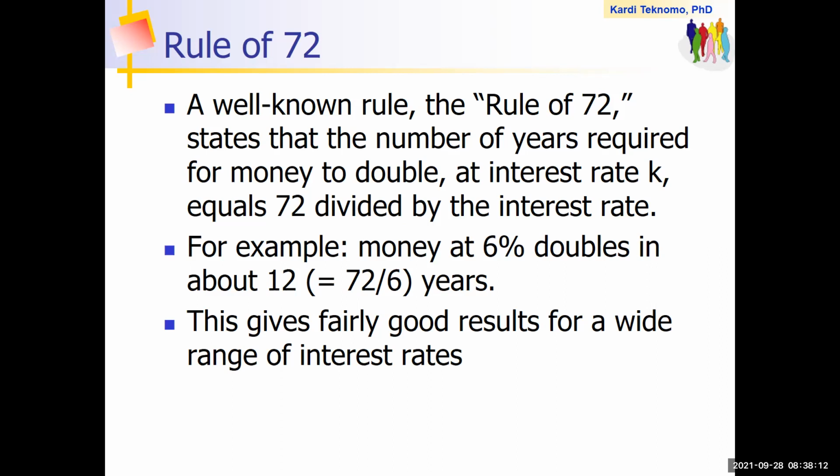If you don't have a calculator, you just remember Rule 72. It will give you the approximate, not the actual value, of the number of years at which percent you can double your money.